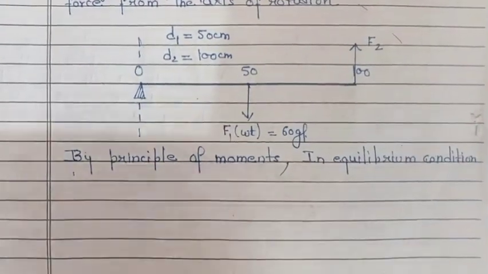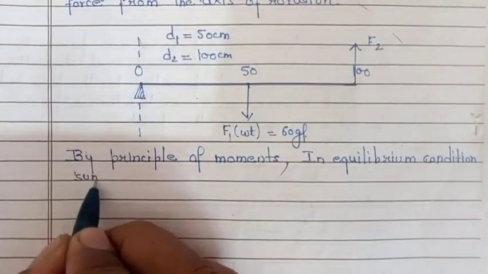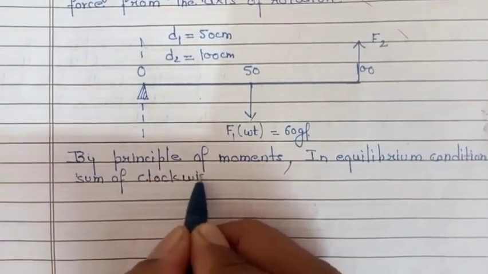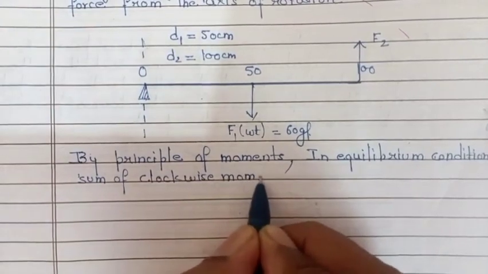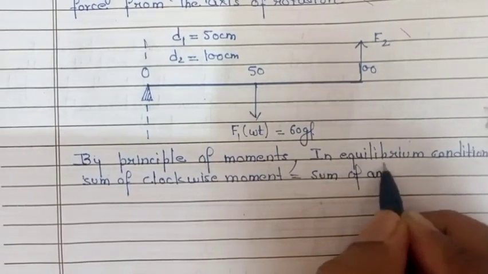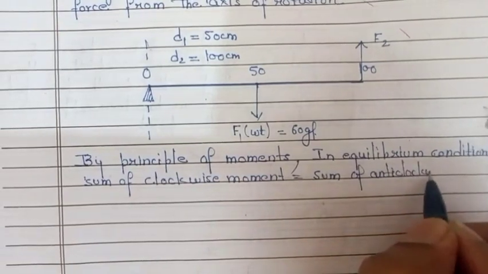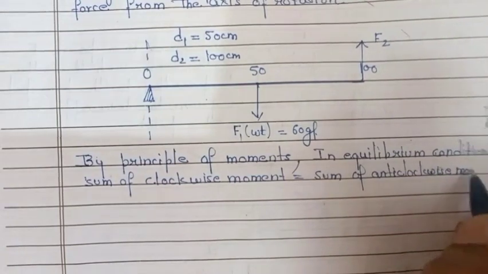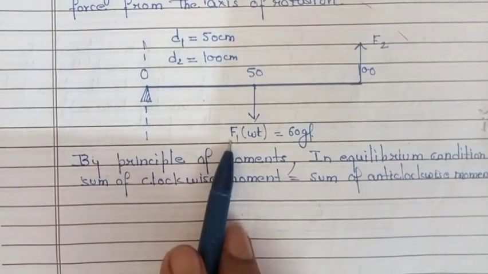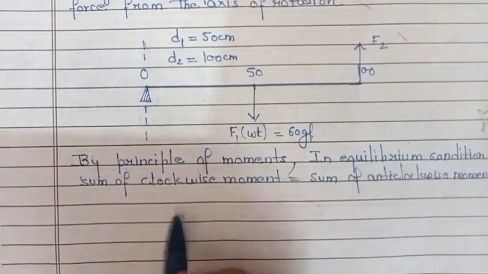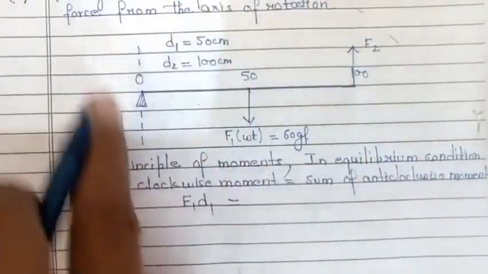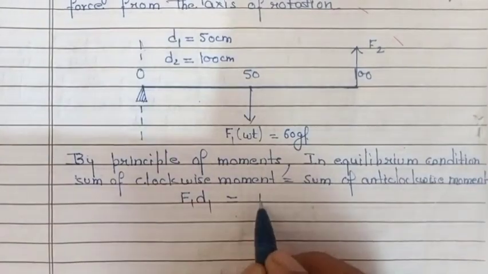So in equilibrium condition you can write sum of clockwise moment is equal to sum of anti-clockwise moment. So here clockwise moment is being produced by the first force F1, so you can write F1 d1, and the anti-clockwise moment is being produced by F2, so it will be F2 d2.